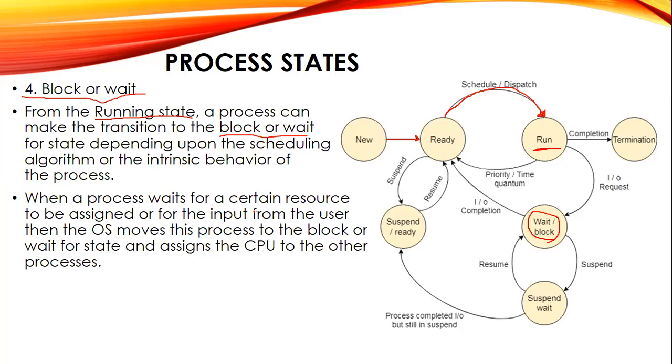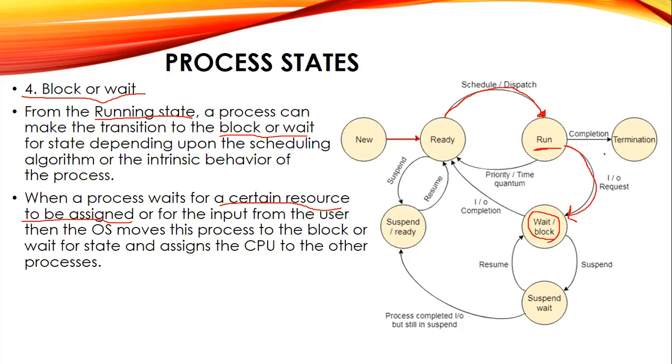When a process waits for a certain resource to be assigned, so some data should be given to the process to continue execution, or any other resource, or some input-output operation it needs, in this kind of situation, from the running state, the process will go to wait or block state.